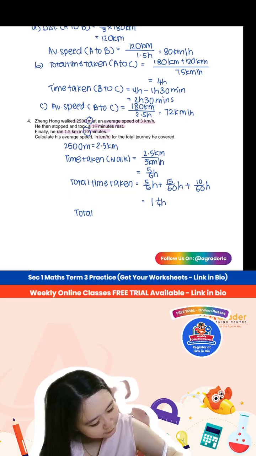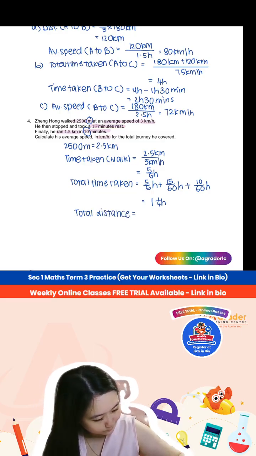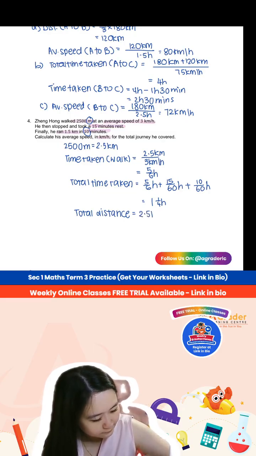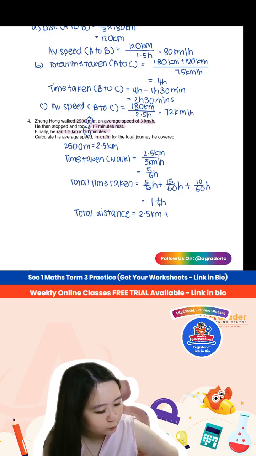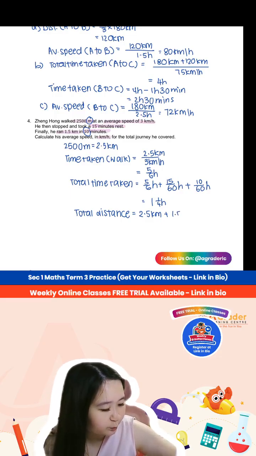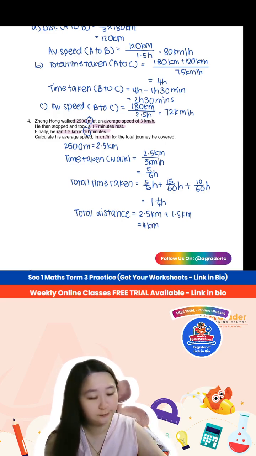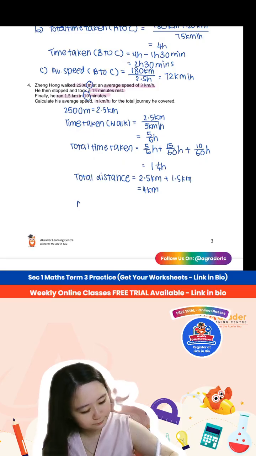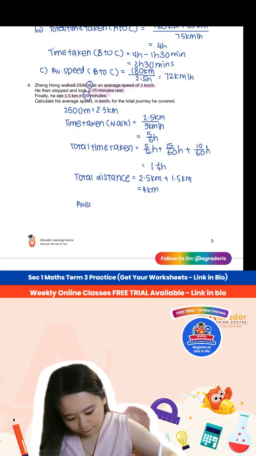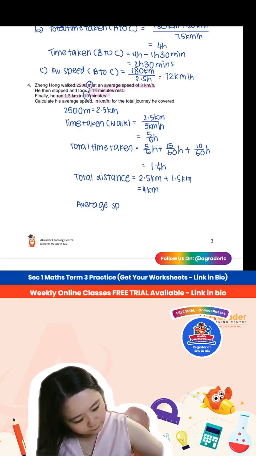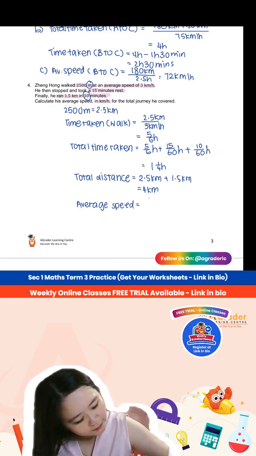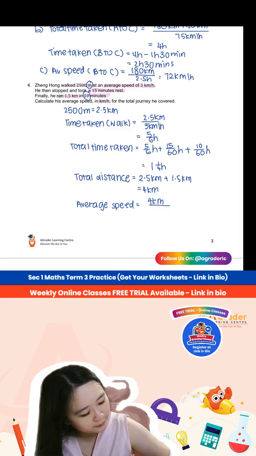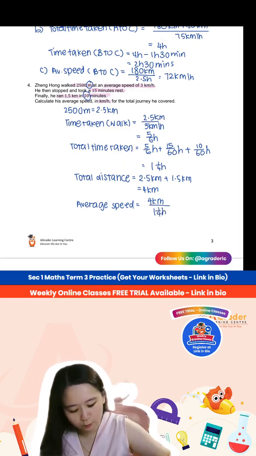So average speed is always total distance divided by total time taken. So he walked 2.5 kilometers and he ran 1.5 kilometers. So in total that's 4 kilometers. So average speed is 4 kilometers divided by 1.25 hours.